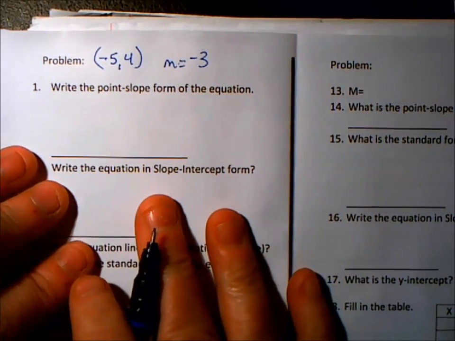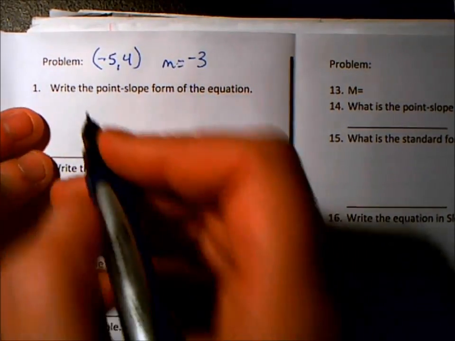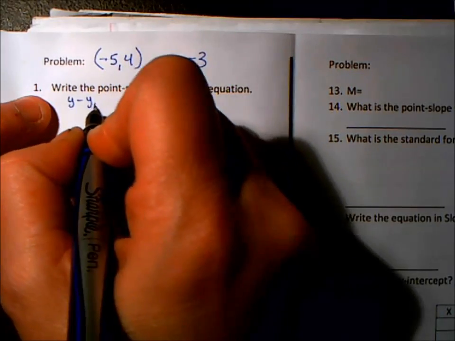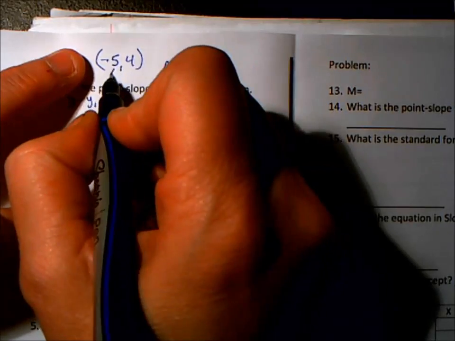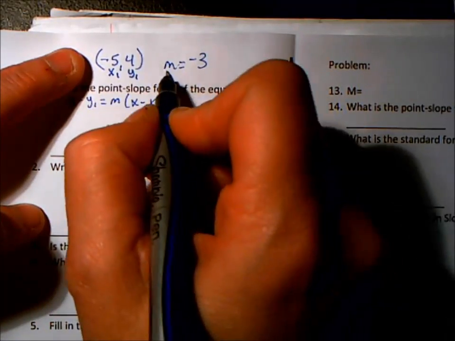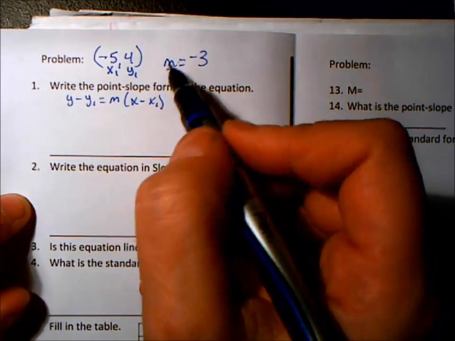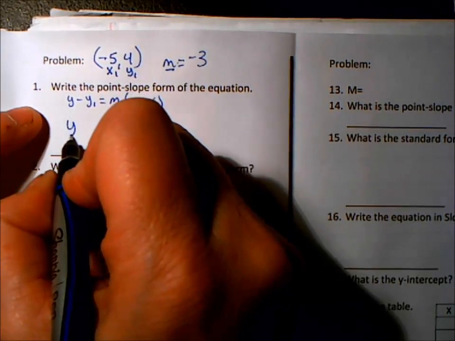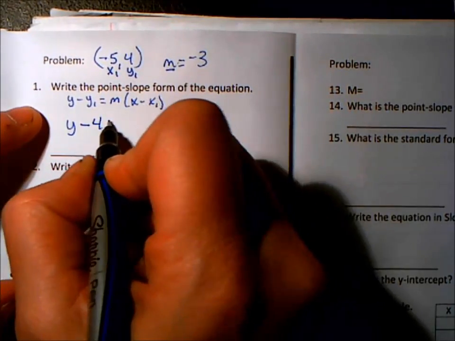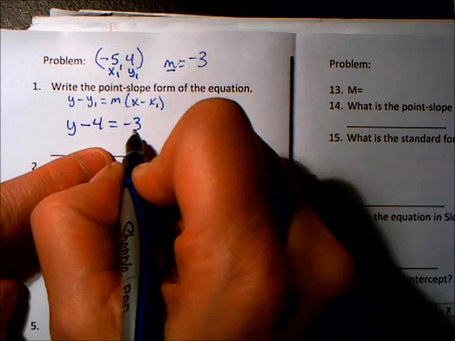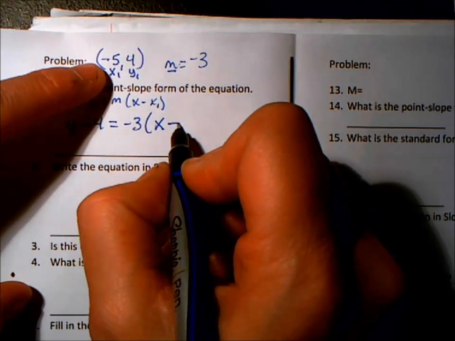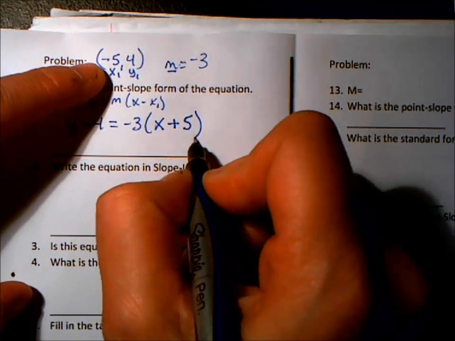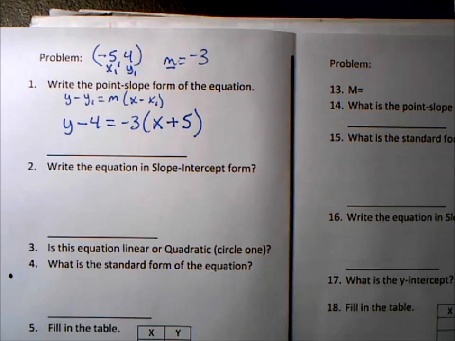They want me to write it in point slope form, which remember was y minus y1 equals m times x minus x1, where this was your x1 and this was your y1 and there was your m. If I replace them in my formula, that'd be y minus 4 is equal to the m, which is negative 3, times x minus a negative, which turns to a positive 5. That is point slope form.